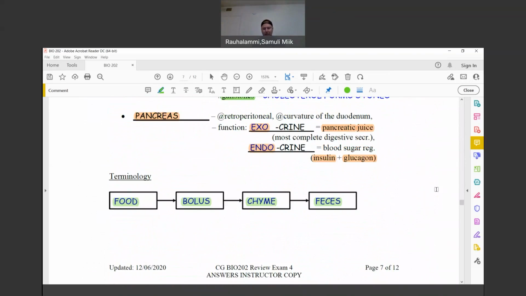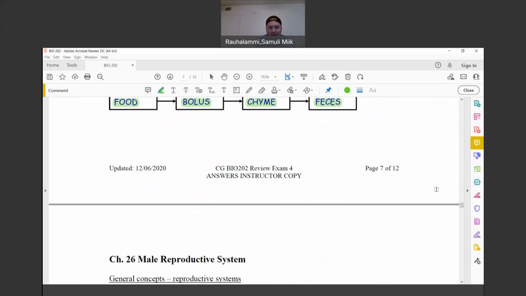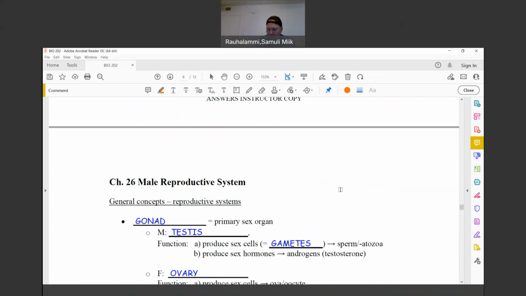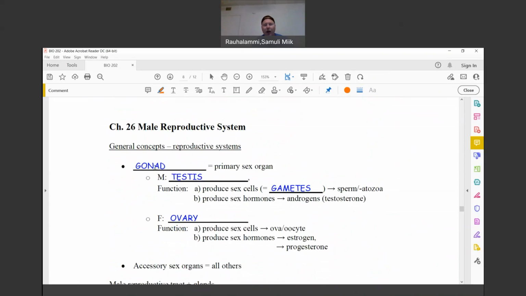So going to page 8 of the study guide, let's start with the male reproductive system. But before we jump to it, I think it's going to be useful to talk about some general concepts that we see on both. What's going to be most important for us is to focus on the gonads.